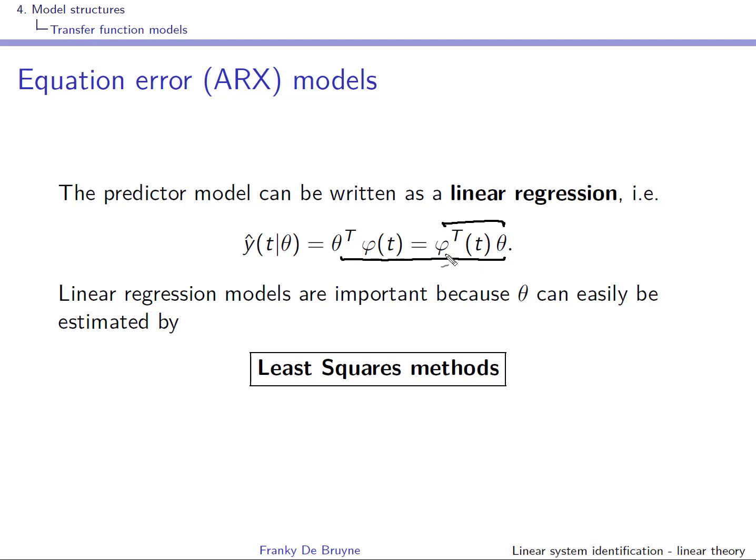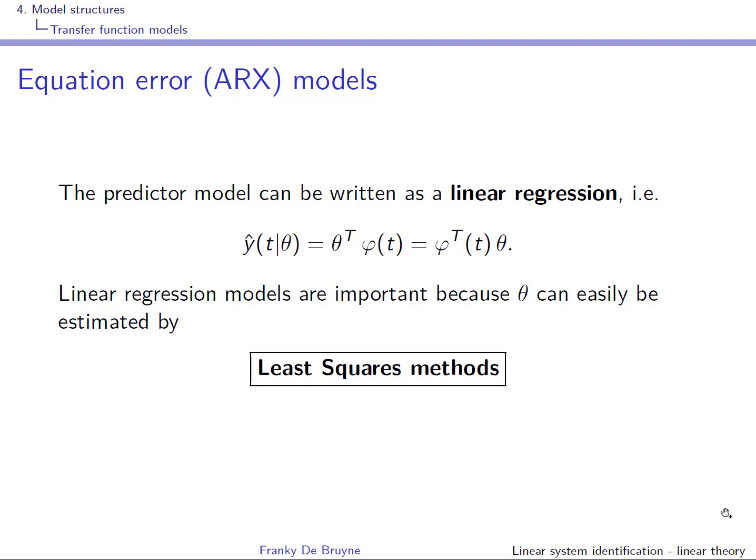In this phi transpose of t, in this regression vector, there is no dependence on theta. And this means that you can easily obtain an estimate of theta using least squares methods, and this should ring a bell. This is something that you have seen in last year's course of linear algebra and applications.